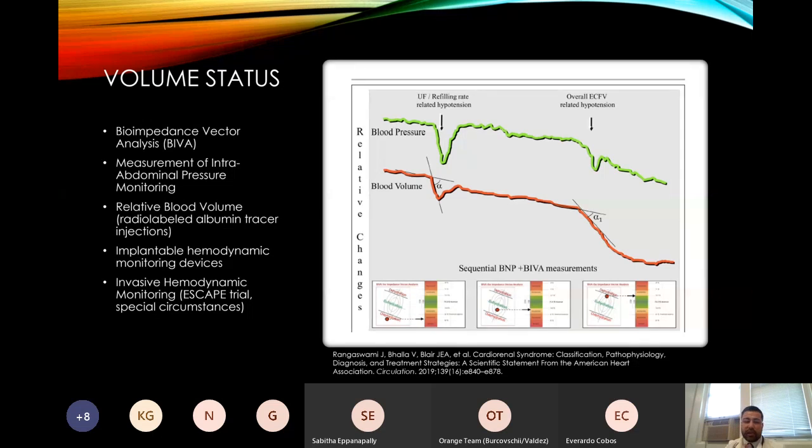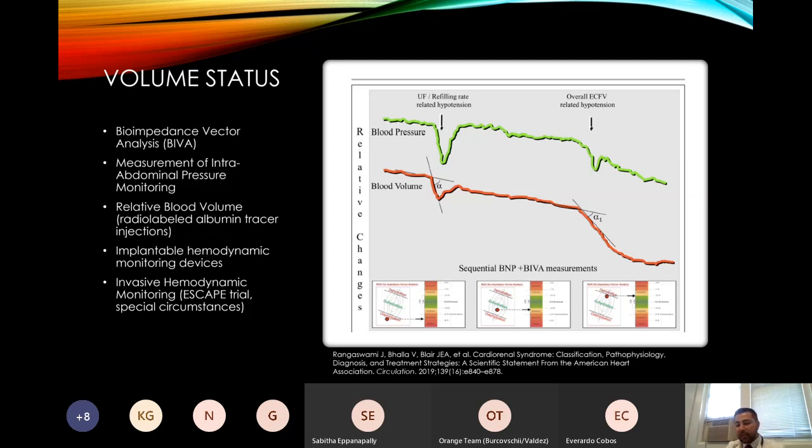So the ESCAPE trial did not show a reduction in either mortality or rehospitalizations with such a strategy in patients with right-sided heart catheterization. And post-hoc analysis actually showed that a PA catheter-guided strategy was associated with less average increase in creatinine and did not decrease the incidence of defined worsening renal impairment during hospitalization or affect renal function after discharge relative to clinical assessment alone.